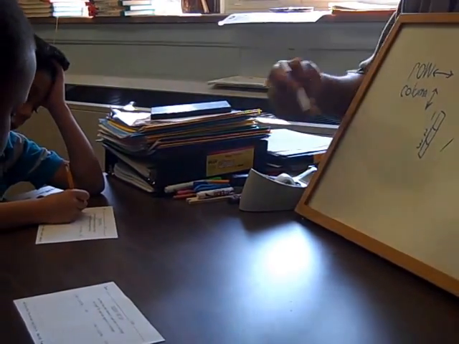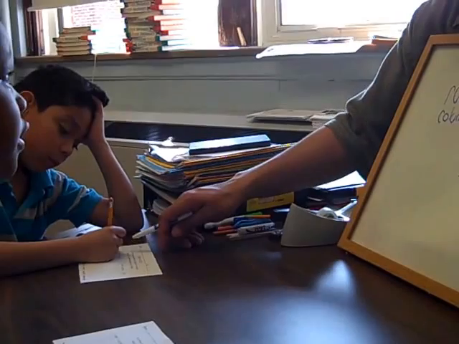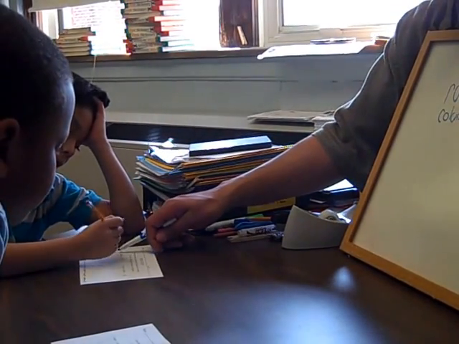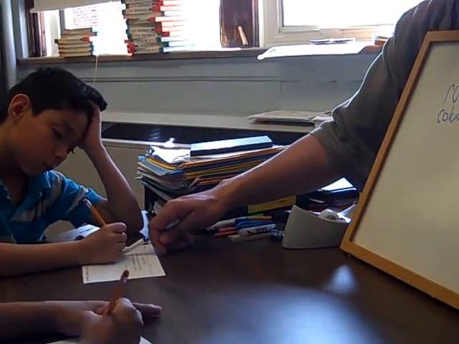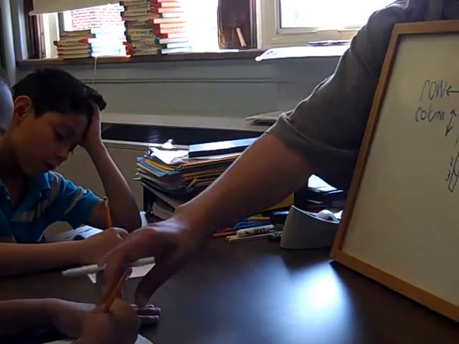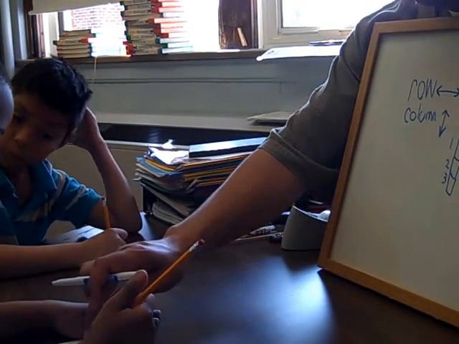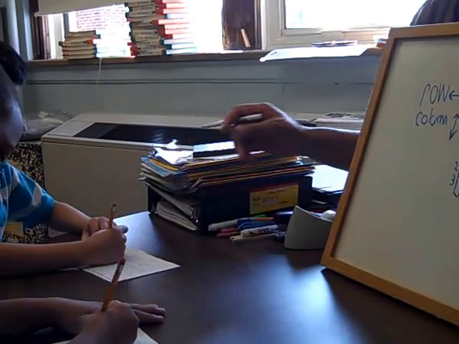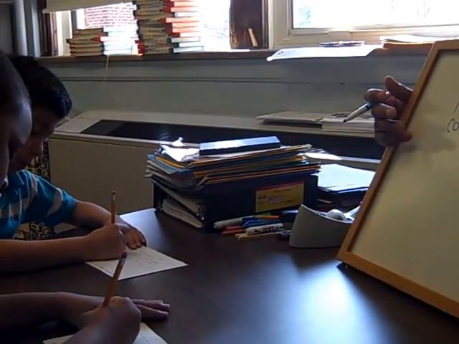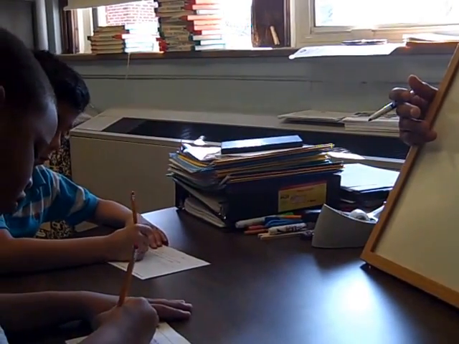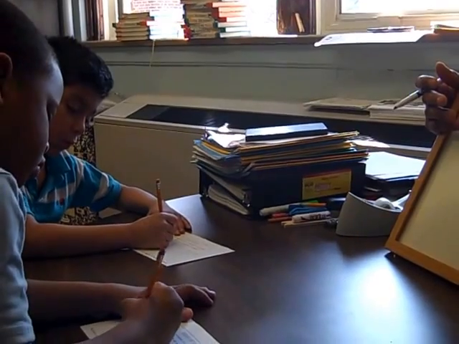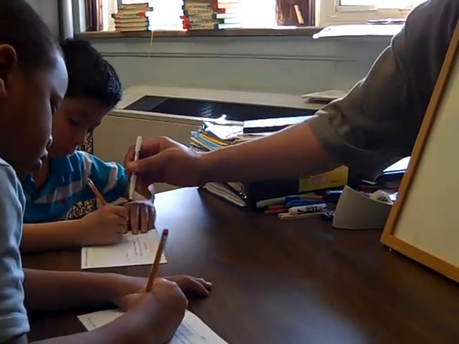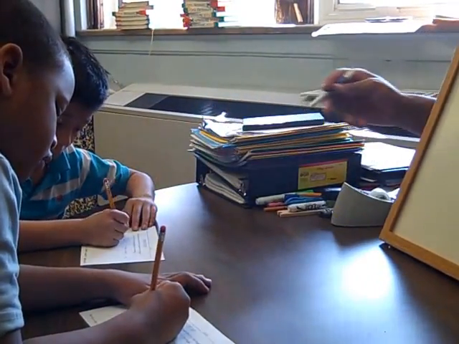Now, how many columns did they say? 5. Alright, so across the top, say 1, 2, 3, 4, 5. Now don't forget to count that one. You gotta say 1, 2, 3, 4, 5. Yeah, the first one is a 1. 1, 2, 3, 4, 5. Now, draw you a line. There, excellent.